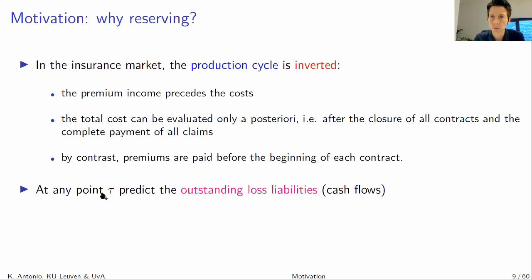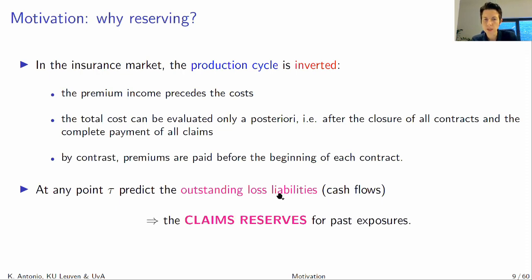So at any point tau, present time evaluation moment, we will predict the outstanding loss liabilities or cash flows. And we call this the claims reserves for past exposures. So what do I mean with the past exposures? These are the contracts that I sold in the past.